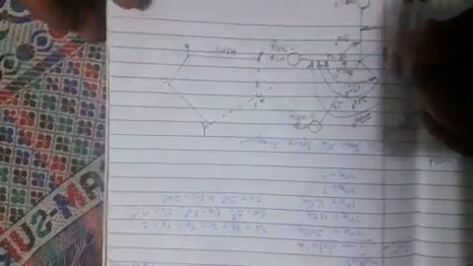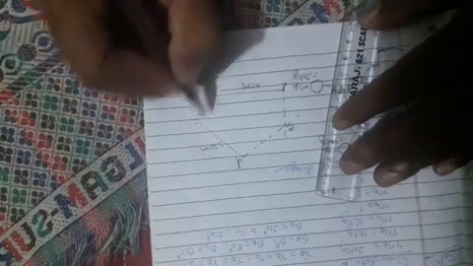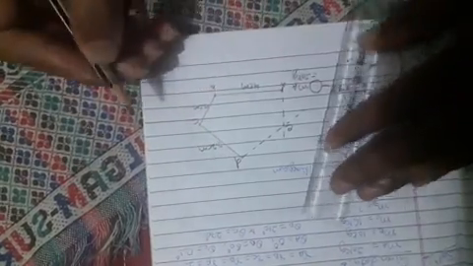So by measuring the distance, this is the 3.2 centimeter and this is 2 centimeter.